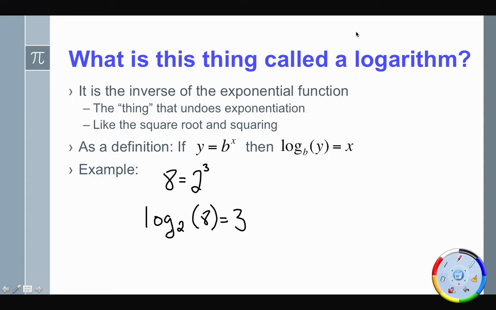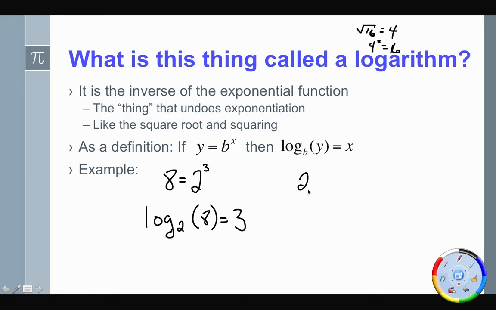We used to make those kinds of statements back when we looked at the square root of 16 is equal to 4, because 4 squared is equal to 16. They're equivalent statements in two different forms, one in the square root form, one in the squared form.